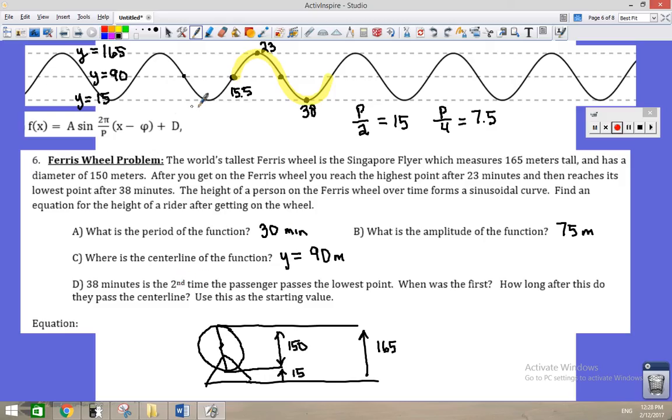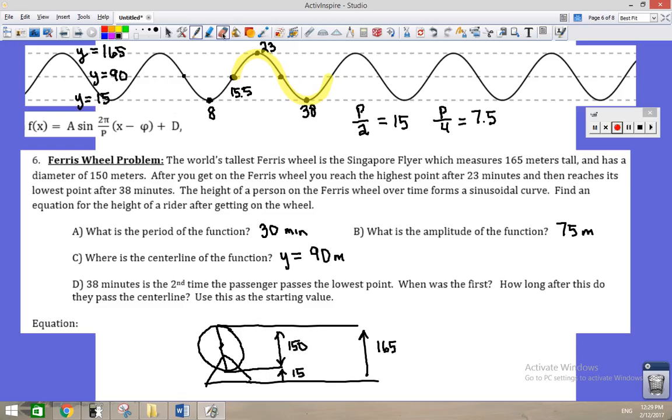What was the first? The first was 30 minutes before that, which was 8 minutes. How long after this did they pass the center line? 7.5 minutes later, at 15.5, so we're going to use that as a starting point, the one that I would pick.